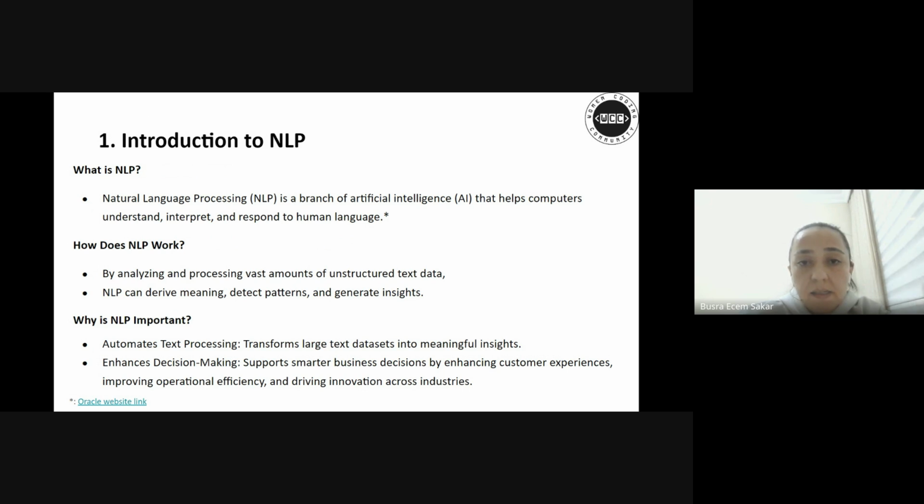It analyzes and processes vast amounts of unstructured text data. You can think about all the emails, social media posts, customer reviews, and other types of text data. By processing this data, NLP can derive meaning, detect patterns, or generate actionable insights.